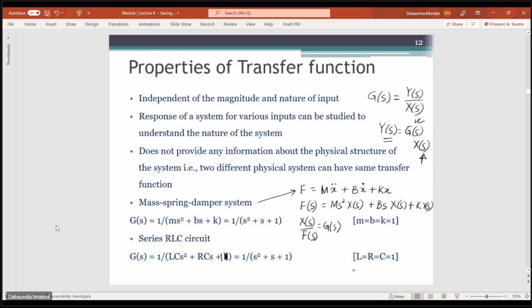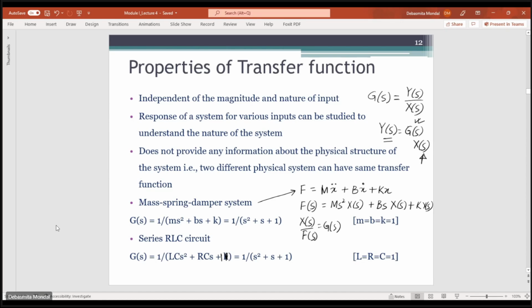So you see that in both this mechanical system as well as this electrical system, the transfer function remains the same. But the same transfer function does not necessarily mean that both are the same systems. This mechanical system is completely different from this electrical system. So the transfer function does not provide any information about what kind of system is actually present, what the physical structure is, whether it is a mechanical, thermal or electrical system.